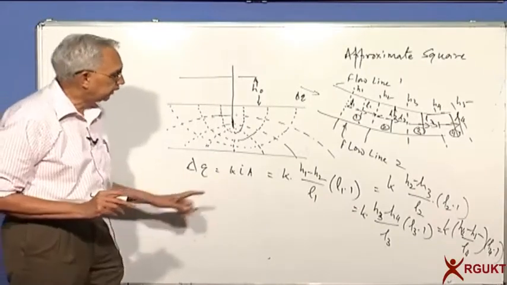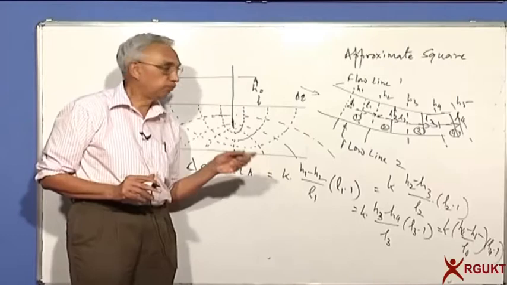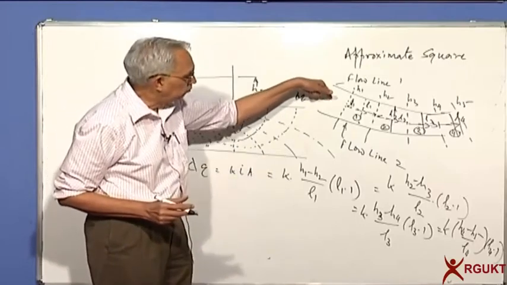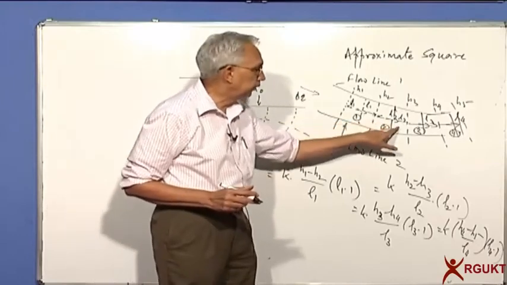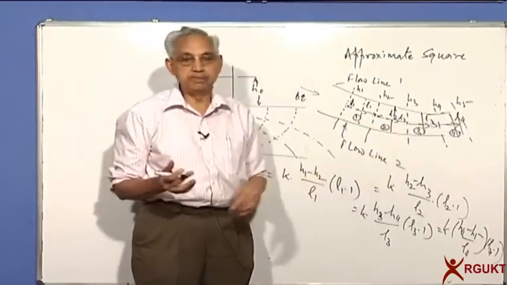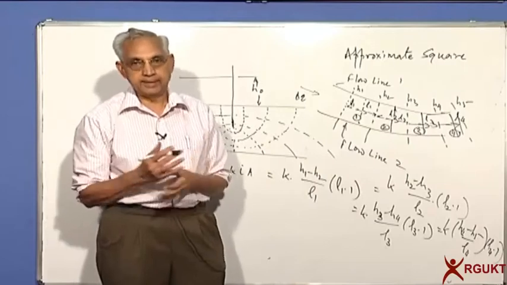Agreed? So you can see that because of the continuity of flow, whatever the flow is, delta Q is equal to delta Q1, delta Q2, Q3, Q4, Q5, etc. They are exactly the same.